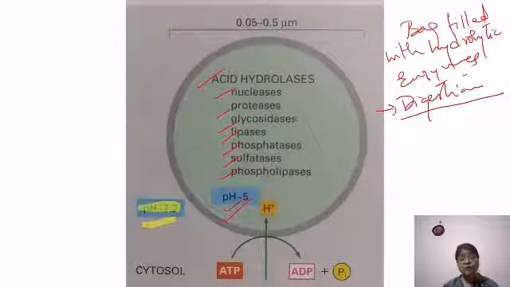Now a lot of questions must be coming to your mind, like how the membrane proteins of the bag holding such an acid are being maintained. Those proteins get glycosylated.